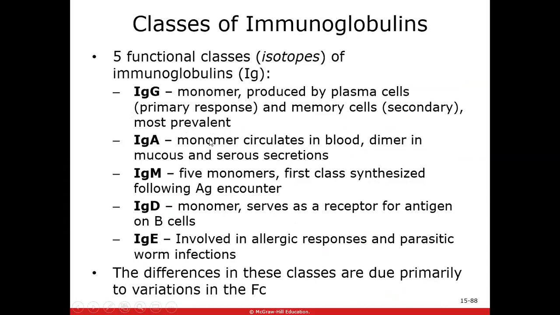IgA is found in the mucus and serous secretions. IgM is the first immunoglobulin to be synthesized once an antigen is found.